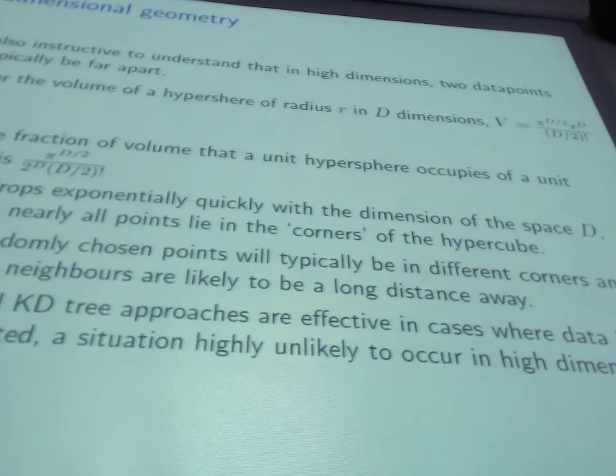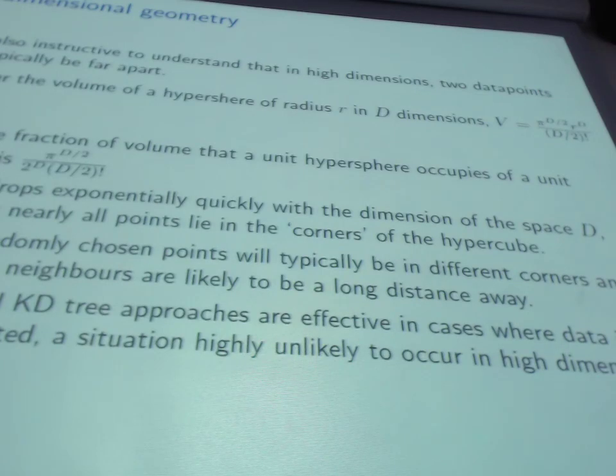So in high dimensions, most distances will be equal. Let's say you had 1,000 data points, and you distributed those data points uniformly over however many dimensions you've got.